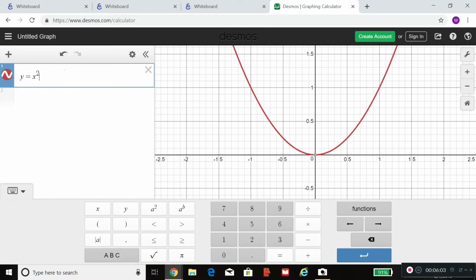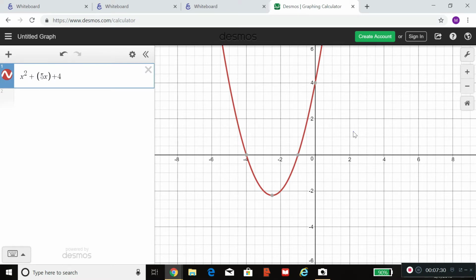Wait. What is this thing doing? Okay, so guys, I got it back working. I'm sorry about that. I don't know what it was really doing there.